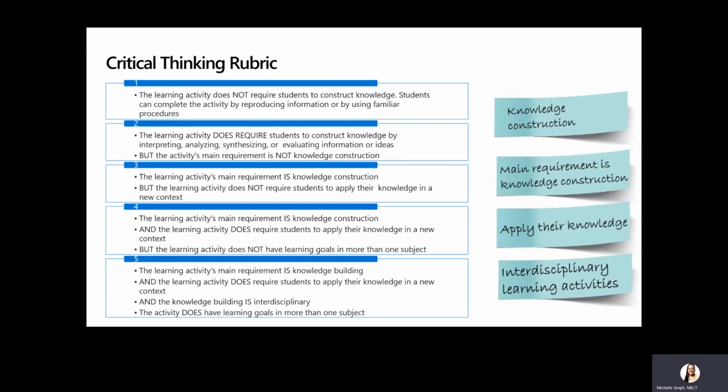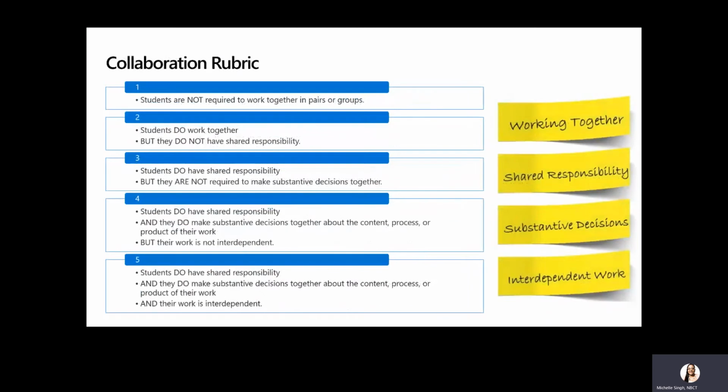When it comes to critical thinking, are they constructing knowledge? Are they applying their knowledge? Are there opportunities for interdisciplinary connections? When it comes to collaboration, yes, the students may be working together, but do they have shared responsibilities? Are they doing interdependent work that meets the requirements for accomplishing the goal?